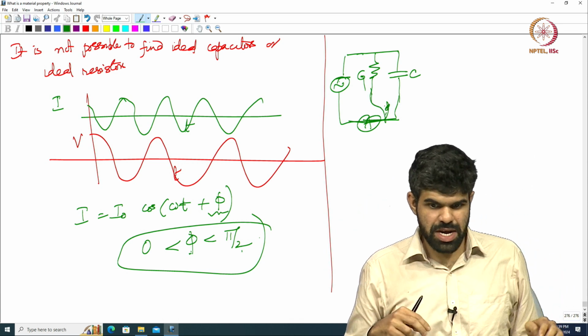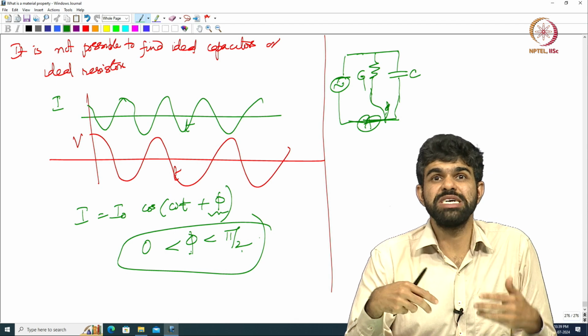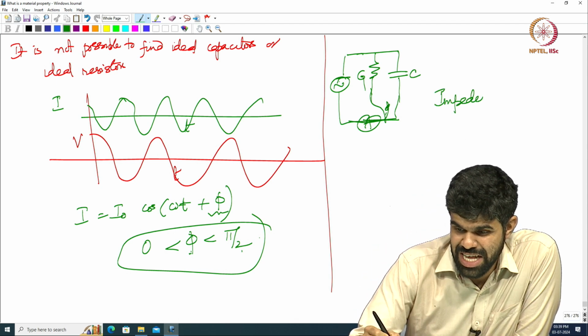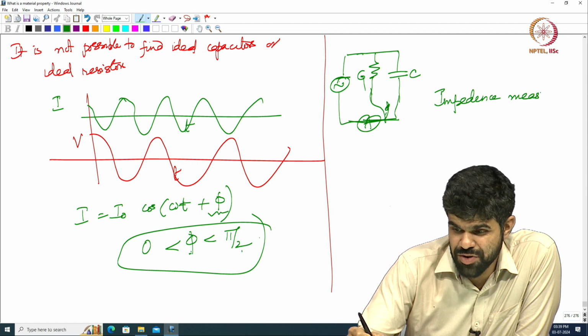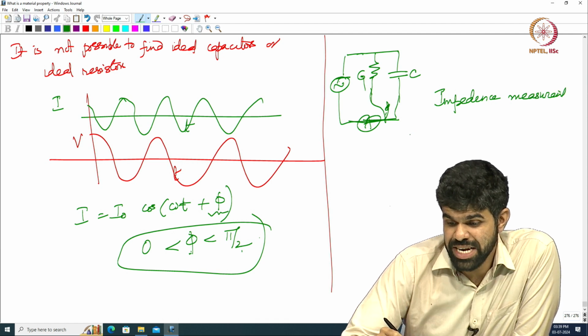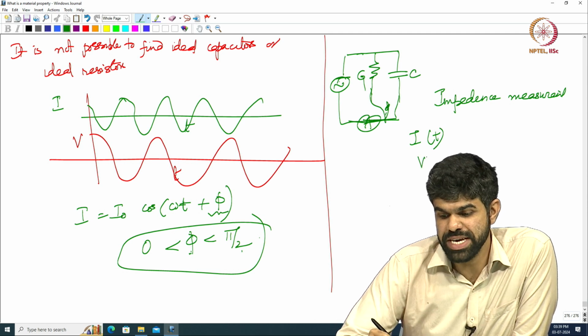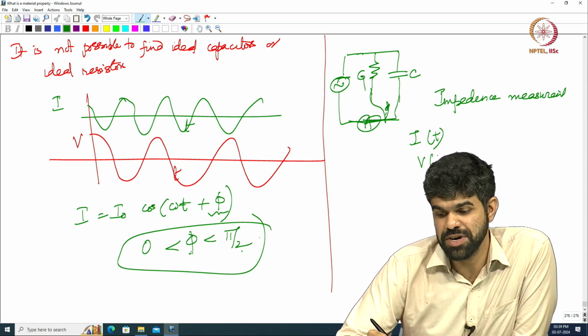Okay. So, these are the sort of measurements that we do. If you did what is called an impedance measurement and paid attention to what it did, you are actually measuring current as a function of time when you apply a small signal voltage as a function of time.